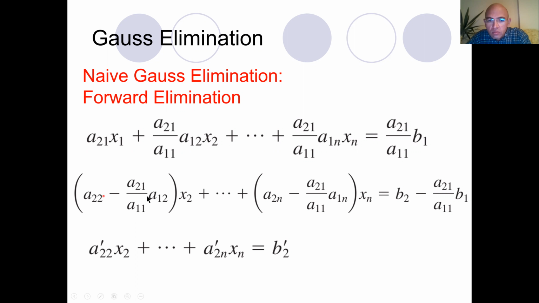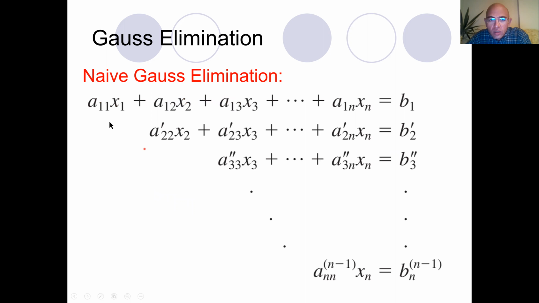Okay, and I'm left with such an expression. If I do it for the third equation, fourth and fifth, as a result, all the terms related with the first unknown are eliminated from all equations.